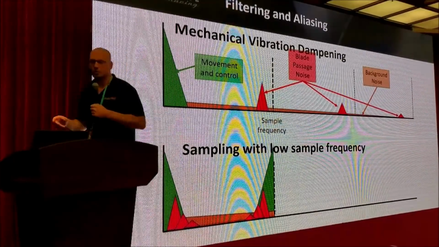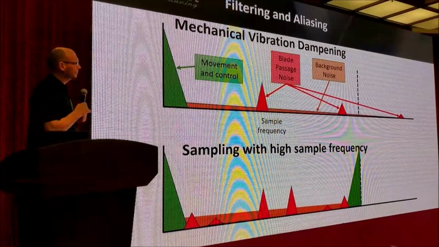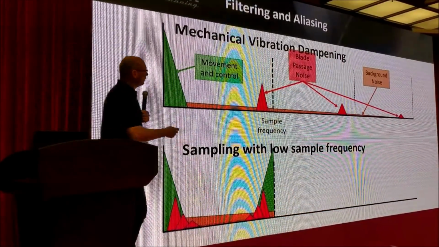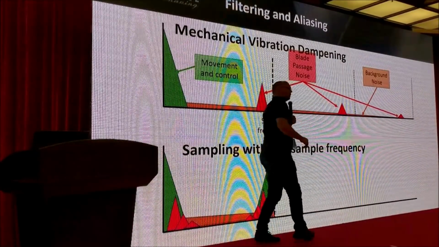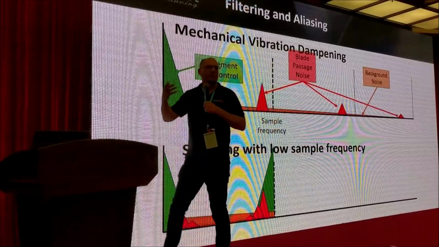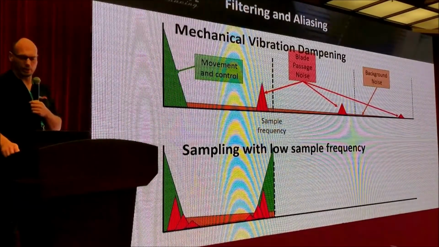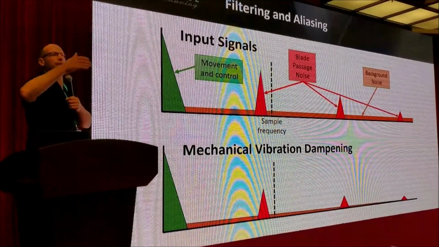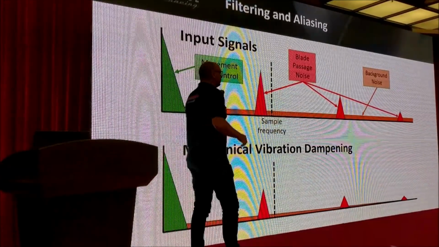So, one of the ways we can address this is we move our sampling rate higher. We go from a 400 hertz or a 500 hertz sampling rate to a 1 kilohertz sampling rate. We go from 4 kilohertz to 8 kilohertz. We increase the sampling rate.